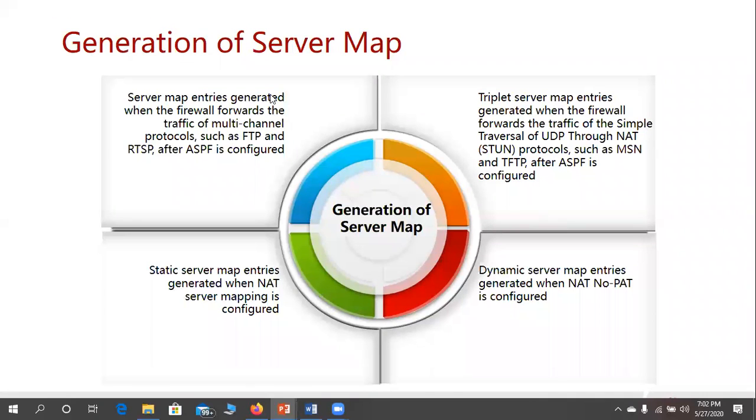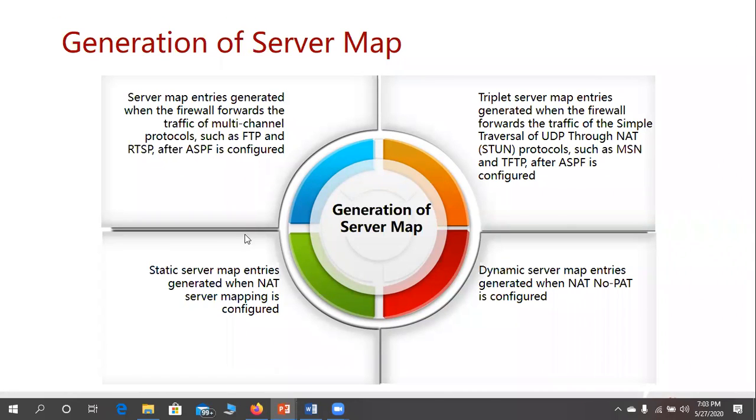So what are some of the situations where this server map can be generated? Okay, server map entries are generated when we use multi-channel protocols such as FTP and RTSP, okay? And when we involve simple transfers of UDP through NAT protocols, okay?